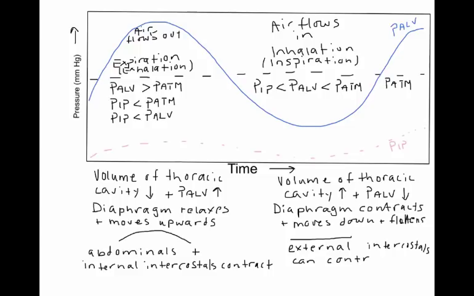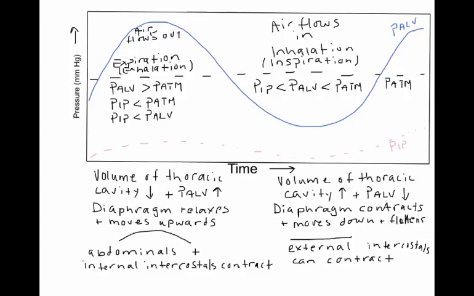During more vigorous breathing, those external intercostals and also the scalenes can pull that rib cage outwards, increasing the volume of the thoracic cavity. Of course, you have the same amount of gas in a bigger space, so the pressure will go down and air will flow from outside into the lungs.